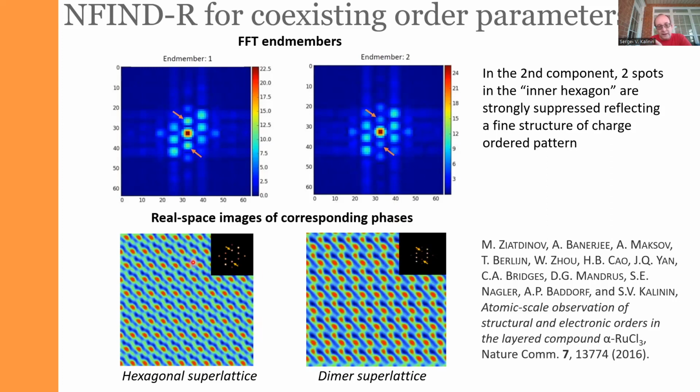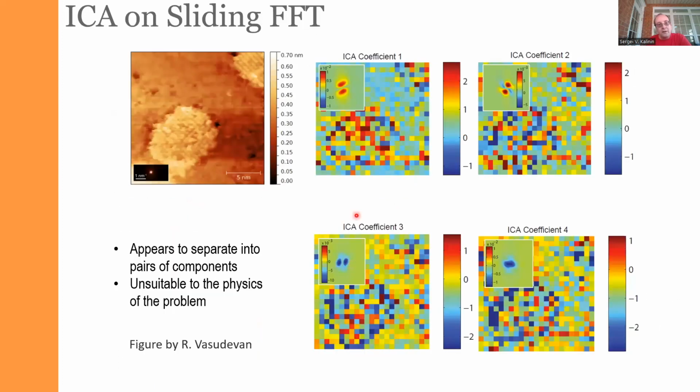So we can even get the real space representation of the one phase and the other phase. Now, would other analysis methods help? So a few years ago, we have experimented with the broad collection of the analysis, for example, independent component analysis.